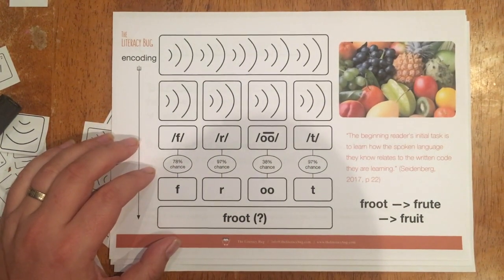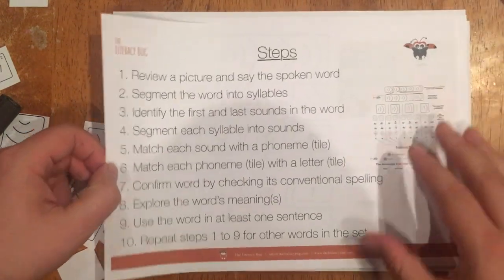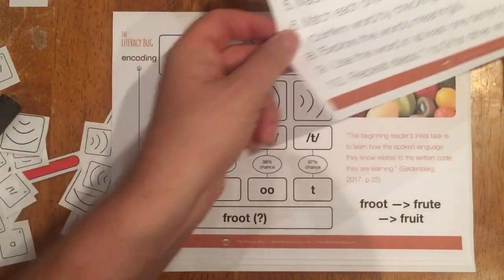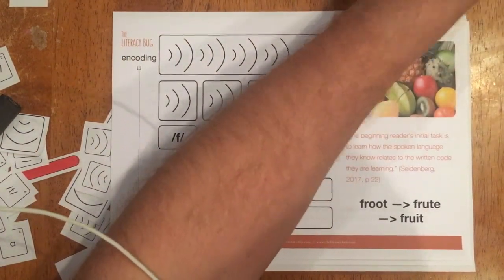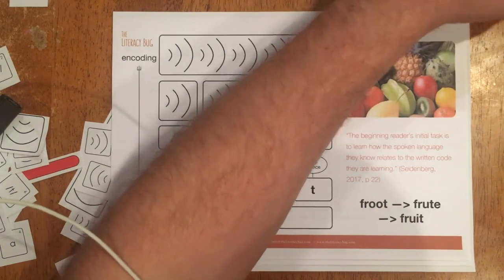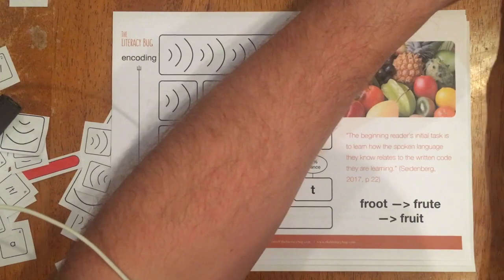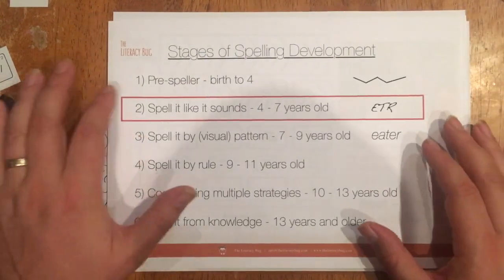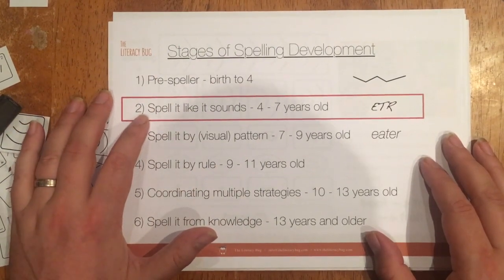And so what's important from a developmental perspective is that children first need to spell words like it sounds to them.